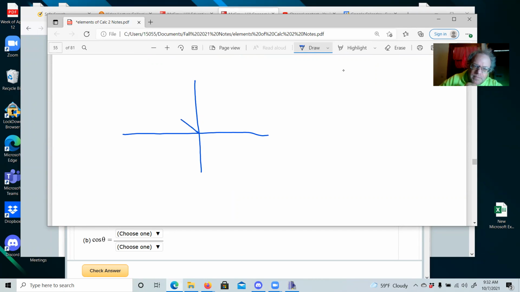There's my angle. Here's my reference angle. This is 1. The opposite side is the y value. So we're usually going to say that the sine of theta is equal to your y value.